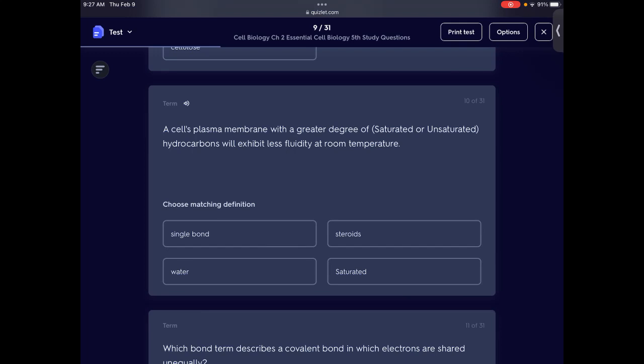If you stack up a bunch of saturated fats, you don't have a lot of wiggle room. Whereas if you had a double bond, you get a kink, so that's unsaturated, because some of the carbons do not have all hydrogens attached to them. Those kinks make it more fluid. So let's go with the less fluid option of saturated.